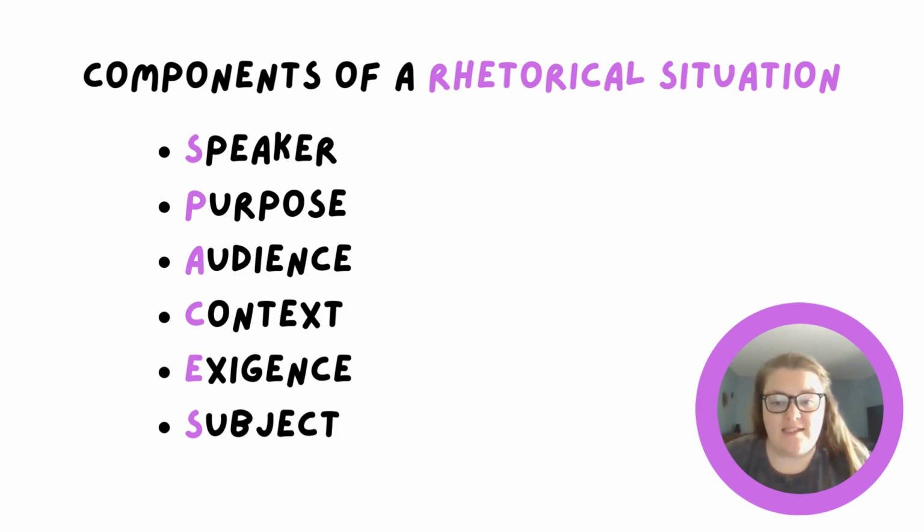The context includes everything surrounding the text, like the culture, the history, or the timing. Exigence, which is a very fancy word, is essentially the inspiration behind the text. What happened that moved the speaker to write anything? And finally, the subject, which is pretty simple. It's the topic. What are they talking about?